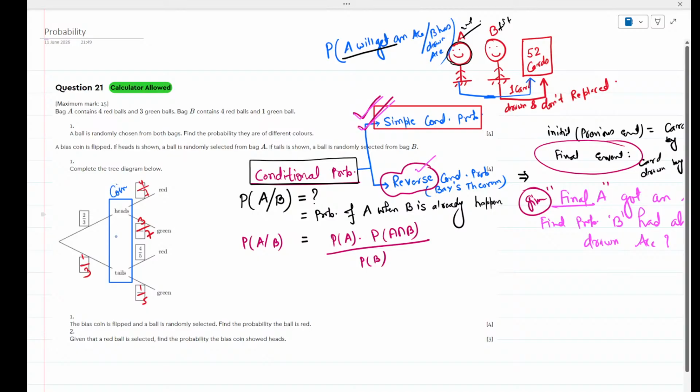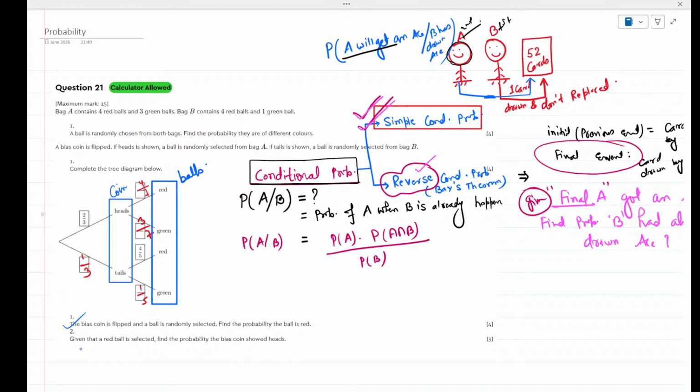This is the first event. And in the second event, you are getting some balls, right? Now see what is given. A biased coin is flipped and a ball is randomly selected. The first one you have done, right?